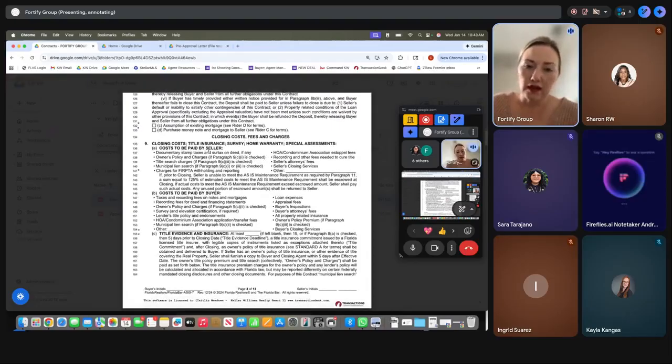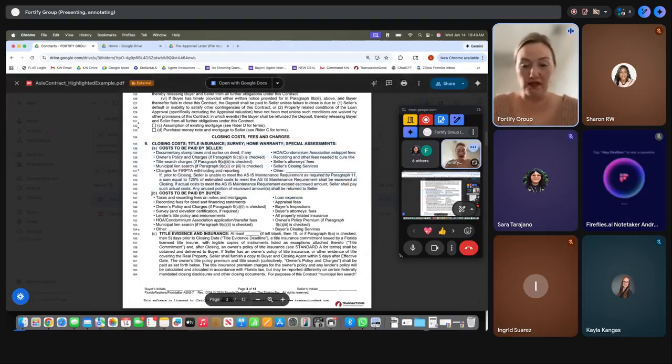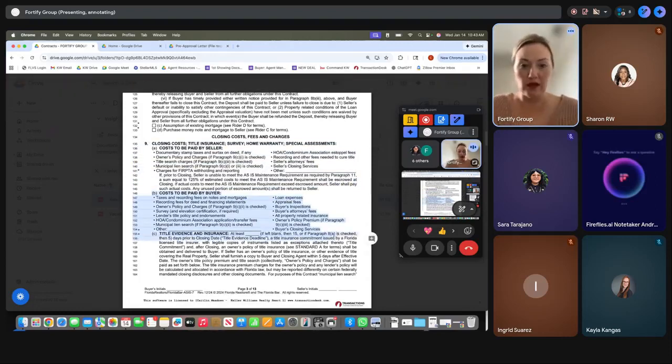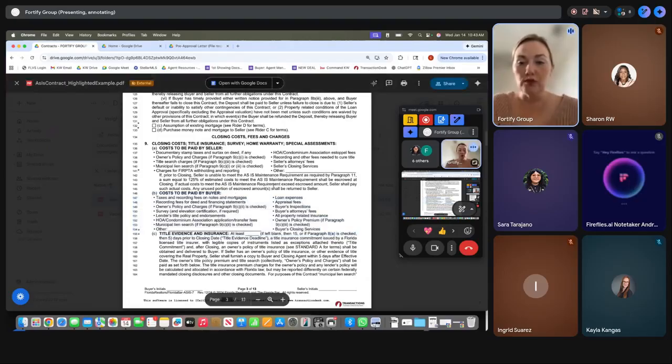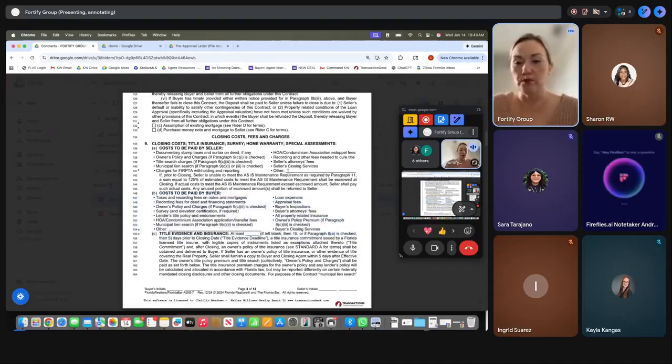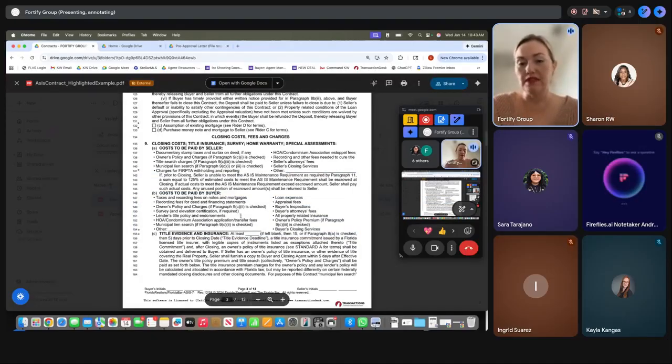Then section 9 is your closing cost details. This section says this is what typically a seller pays, and this is what typically a buyer pays. Sometimes you may end up needing the seller to pay towards closing costs, or something might be different.